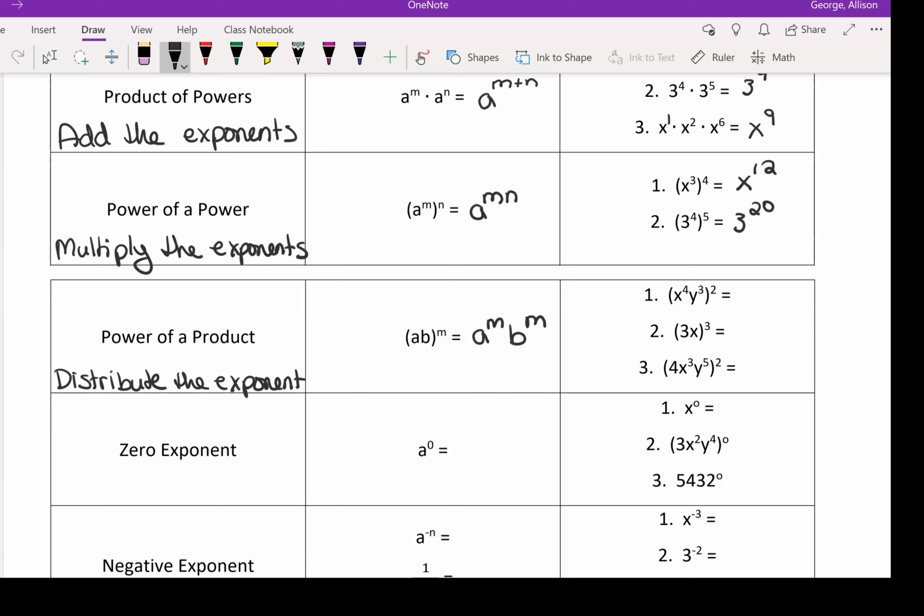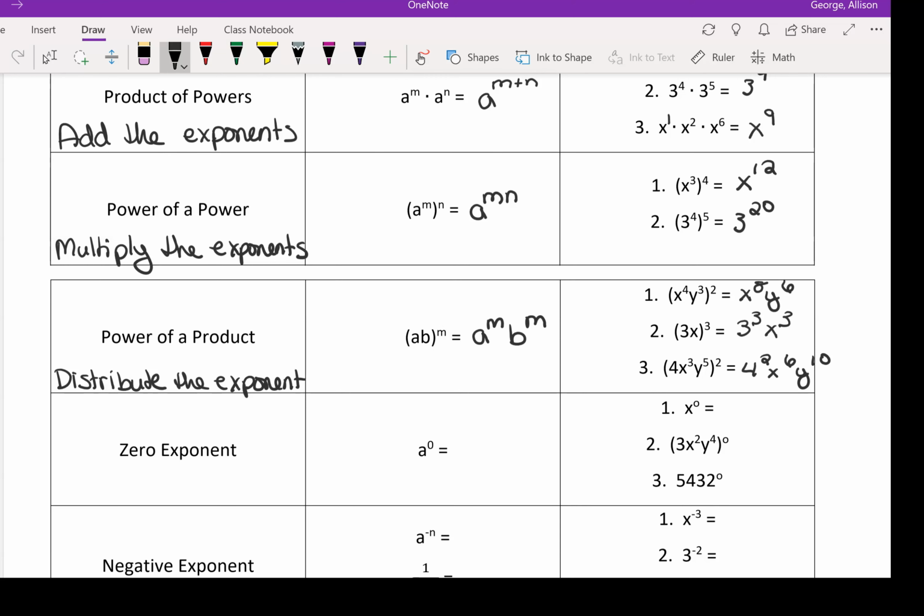For this one, it's going to be x to the 8th and y to the 6th, because I had to multiply each of those exponents by the 2. For number 2, this is going to be 3 to the 3rd and x to the 3rd. Eventually, we're going to be simplifying that; instead of writing 3 to the 3rd power, we'll write 27. But for now, we're just going through the rules. For number 3, it's going to be 4 squared, and then x to the 6th and y to the 10th.